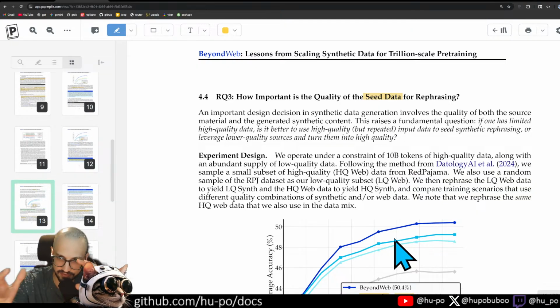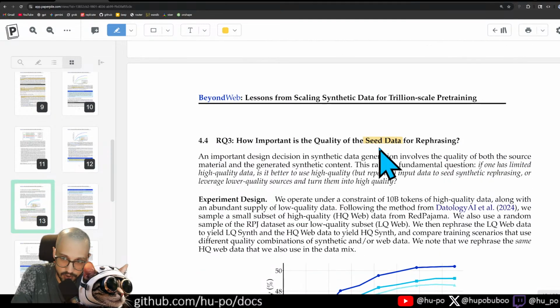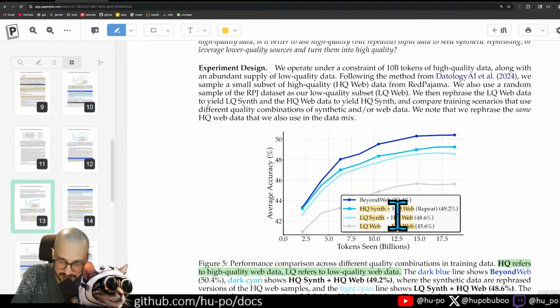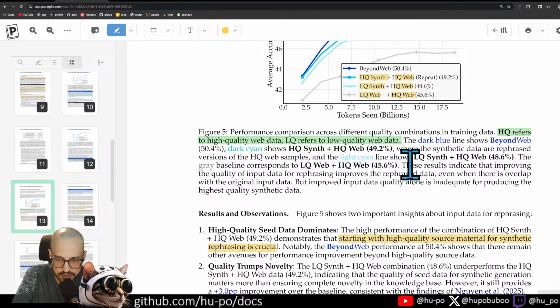So this idea of variance or diversity. And if you're relying on HQ Web for your seed data, then that HQ Web quality is going to matter. That HQ Web diversity is going to matter. And no amount of high quality or low quality synth rephrasing is going to necessarily have a huge impact. So using high quality source material is crucial.